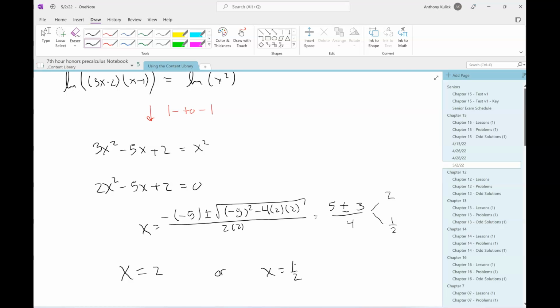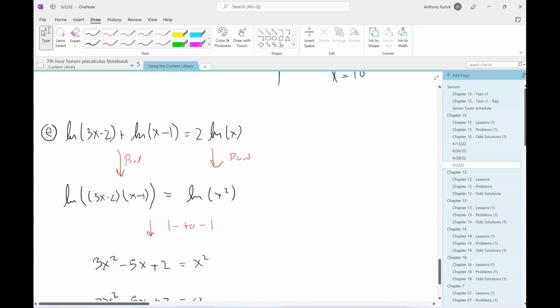No! What do I still need to do? You gotta check. So I'm going to take x equals 2 back to the original equation. 3x times 2 minus 2 is positive. Don't care what it is, it just has to be positive. 2 minus 1, positive. 2, positive. Looks good.